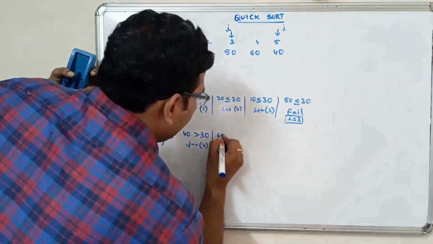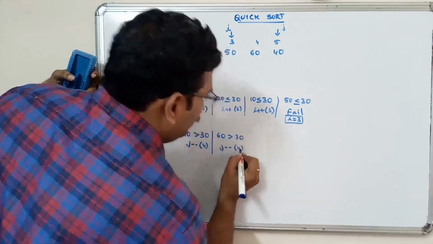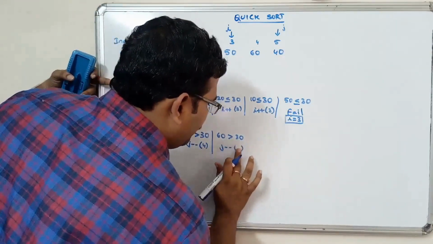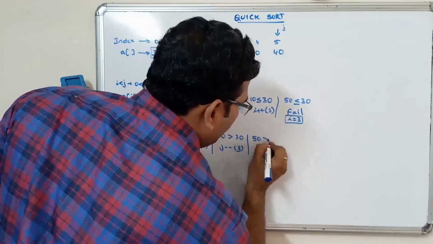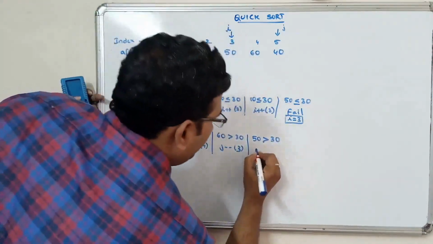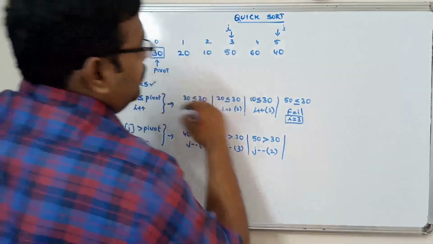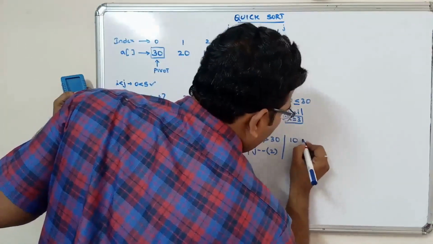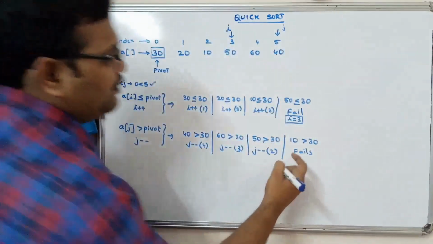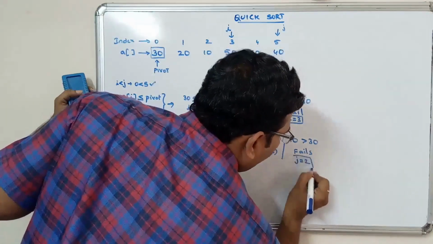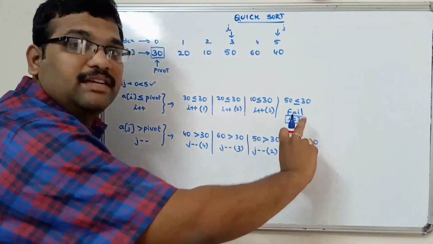Next 60 greater than 30, j minus minus, it will be 3. Next 50 greater than 30, again j minus minus, 2. Next 10 greater than 30 fails. So where it fails, j is equal to 2, right?